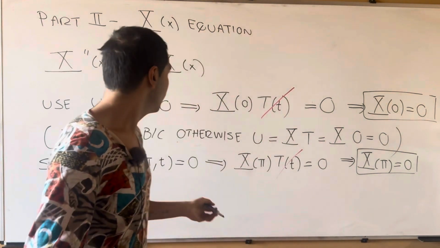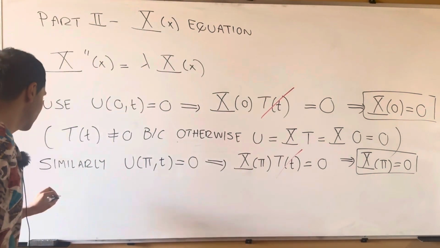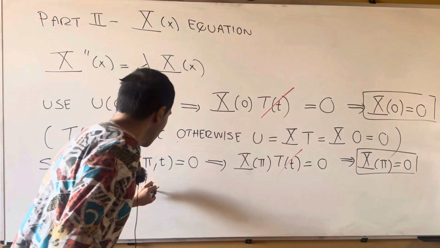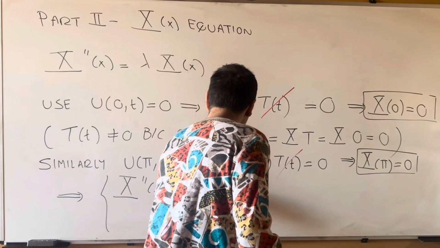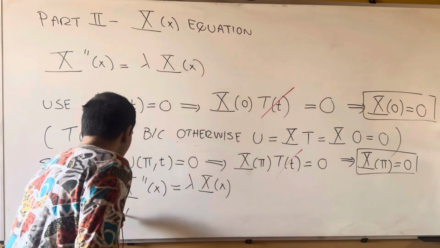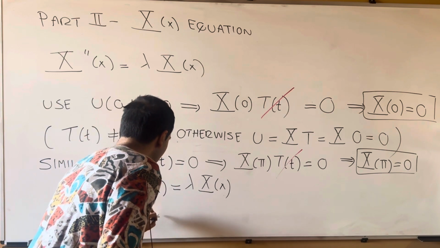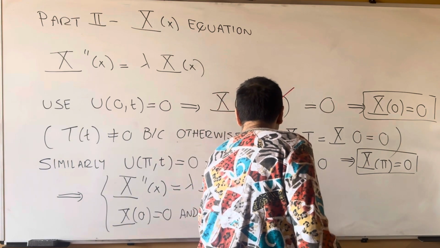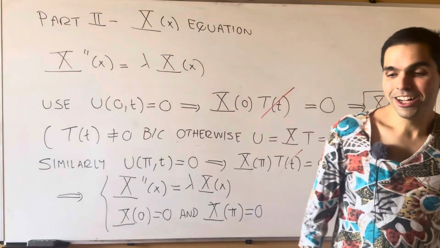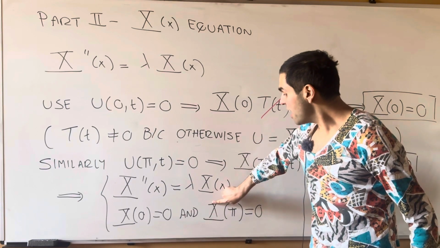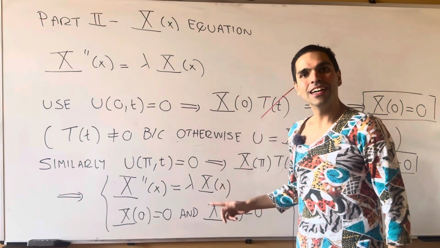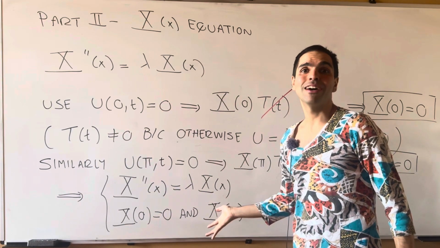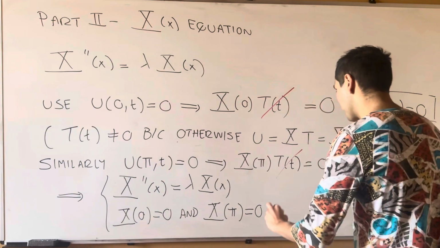And so, what differential equation does x satisfy? Well, precisely x double prime is lambda x with 0 condition at 0 and 0 condition at pi, which, if you watch the previous video, is precisely the ODE we're talking about with boundary value problems.